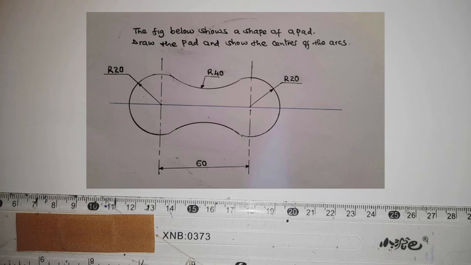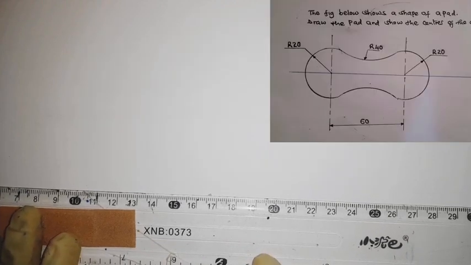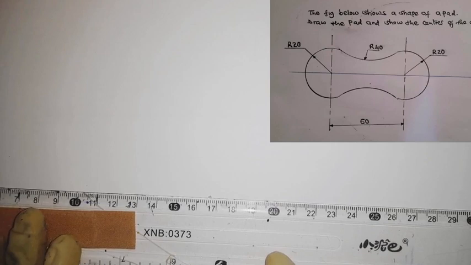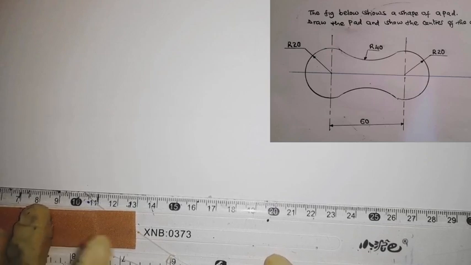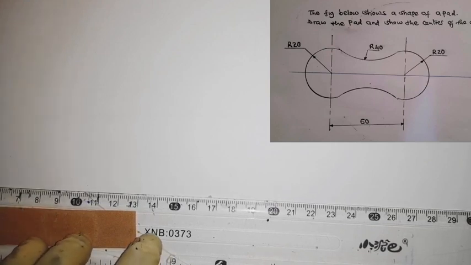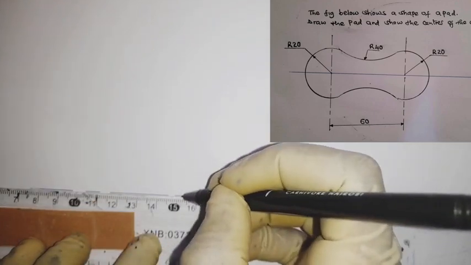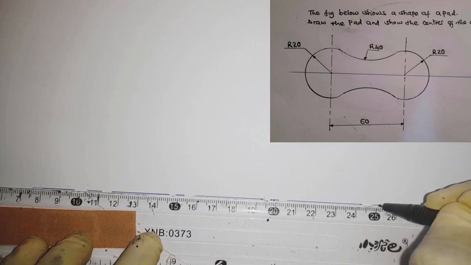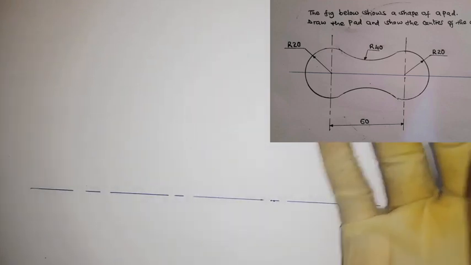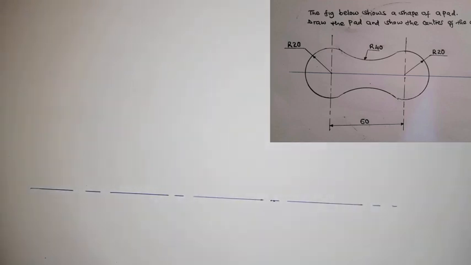So let's proceed. First of all, we are going to draw a center line out of which we shall draw the semicircles given the radii as 20. So let's draw our center line as it is. Now on this center line we can have our circles.